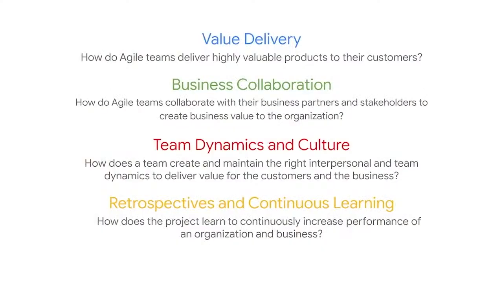For this course, I've grouped the 12 principles into 4 themes. These are different from the 4 values. The 4 themes of the Agile principles are value delivery, or how do Agile teams deliver highly valuable products to their customers; business collaboration, or how do Agile teams collaborate with their business partners and stakeholders to create business value to the organization and their users; team culture, or how does a team create and maintain the right interpersonal and team dynamics to deliver value for the customers and the business; and retrospectives, or how does the project learn to continuously increase performance of an organization and business.